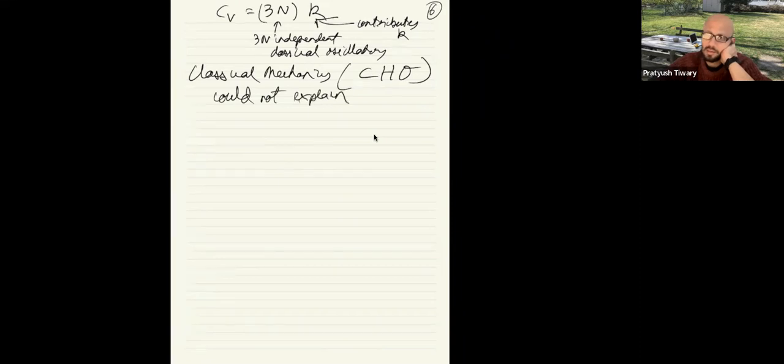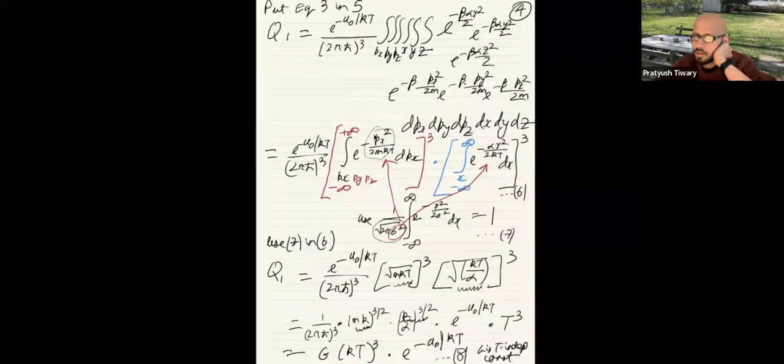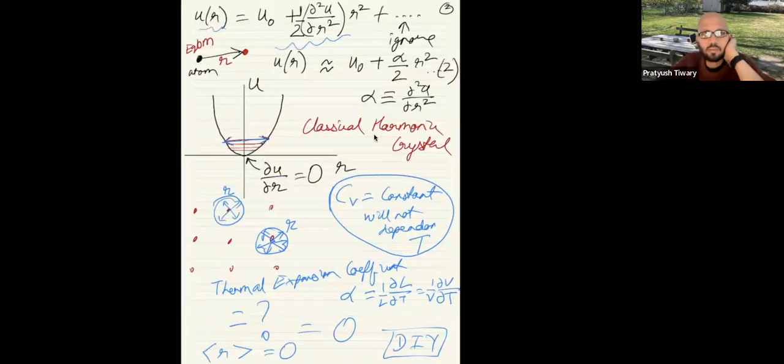explain C_V versus T. So at this point, you might say, well, that's because you assumed a terrible harmonic oscillator. Maybe if you assume non-harmonic interactions, if your potential curve, instead of looking like a nice parabola like this, looked like something complicated, something like this, maybe that would solve my problem and I would get some nice behavior.